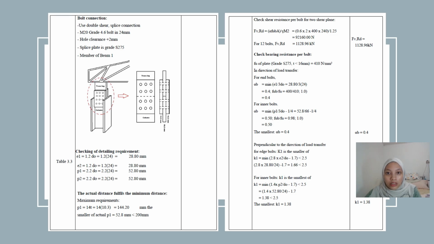Now we move to check the shear resistance per bolt for two shear planes. We calculate F_v,Rd and we get the answer 1128.96 kN. The next step is to check the bearing resistance per bolt. We get alpha_b as 0.4 and k1 as 1.38.